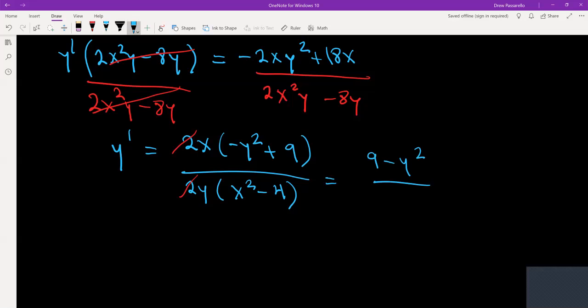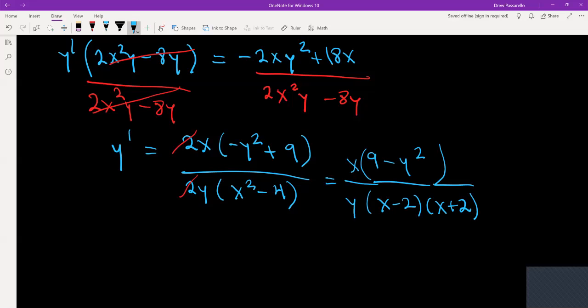The x squared minus 4, you could factor this, and sorry, I still have the x and y, so I need to put that. And the x squared minus 4 is the difference of squares, so that factors into x minus 2 times x plus 2.